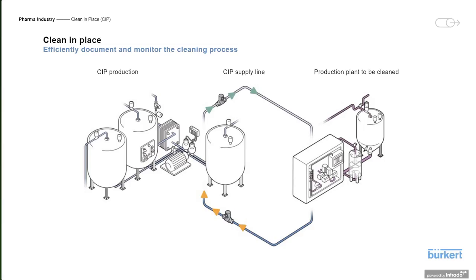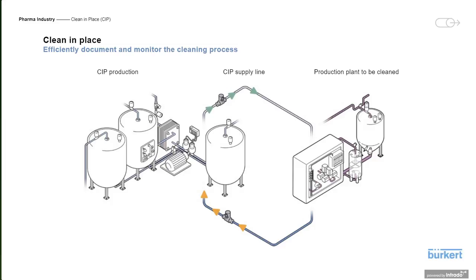So another application which I actually think is perfect for FlowWave is clean in place. What you see here is a typical clean in place system, somewhat summarized or abbreviated, but it gives you a general idea of the basic components of CIP in terms of process equipment cleaning.